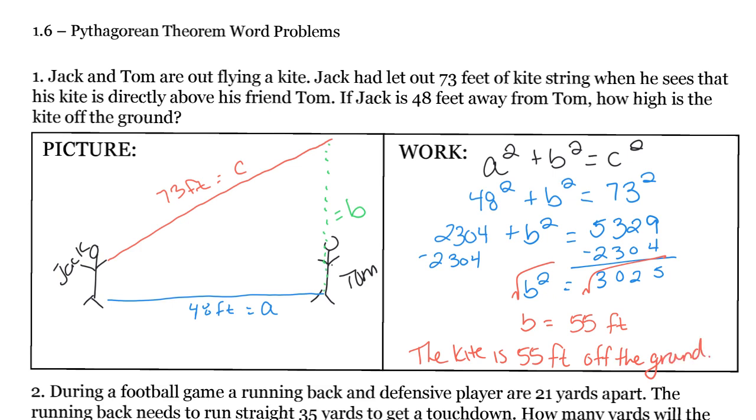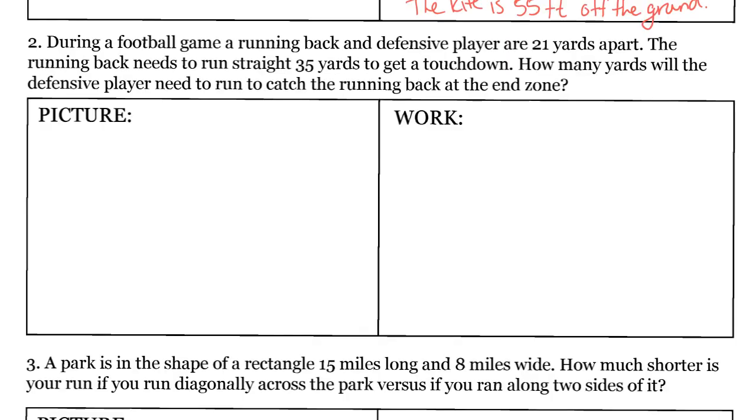Okay, let's move on to the next one. All right, so second one. During a football game, a running back and defensive player are 21 yards apart. The running back needs to run straight 35 yards to get a touchdown. Okay. So let's say this is the running back.